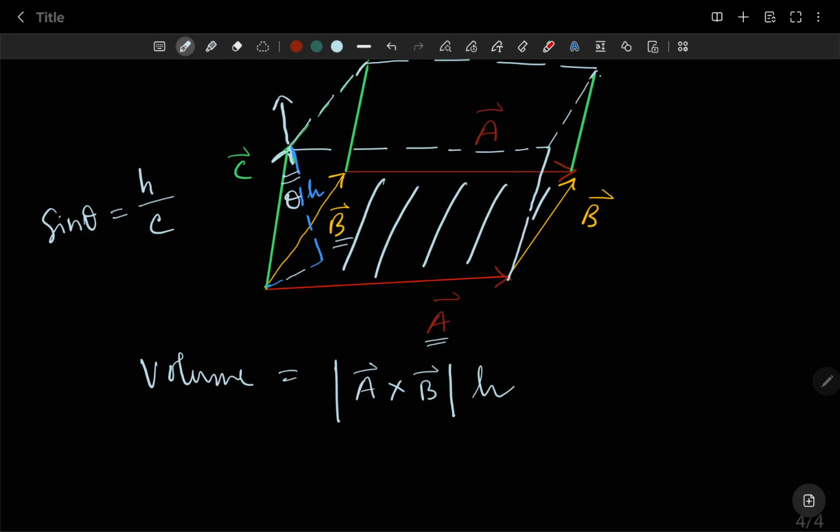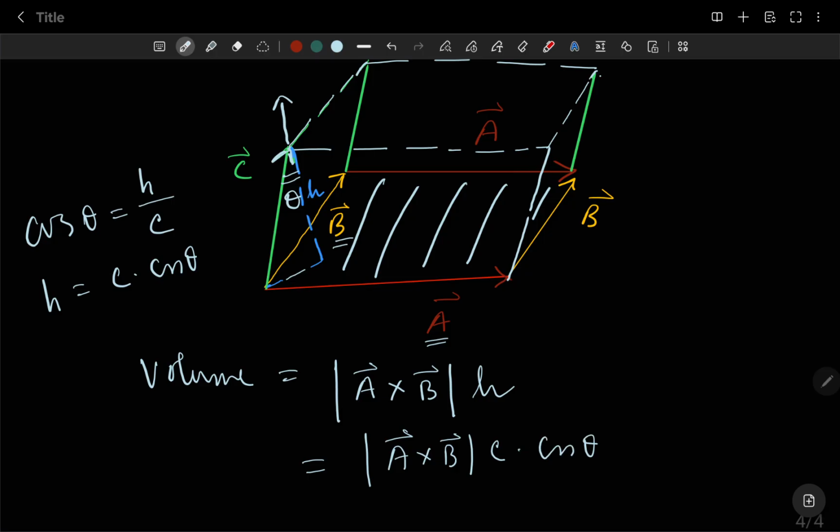Theta is the angle between the C vector and the normal to the floor, in which A and B are lying. So from this triangle we can say cos theta equals H by C. So H equals C into cos theta. So the volume will be magnitude of A cross B into C into cos theta.